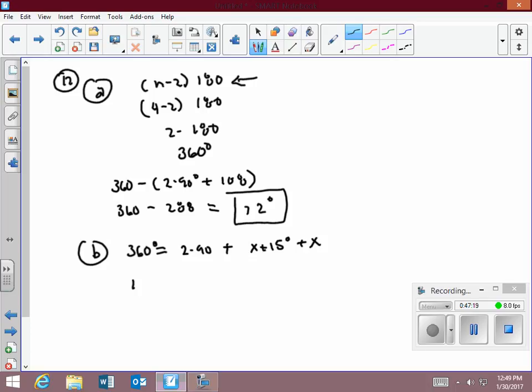So you'd have 360 minus 180. I just multiplied that, subtracted, right? Equals 2x plus 15.